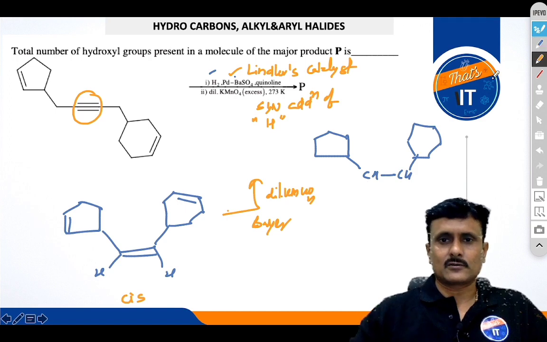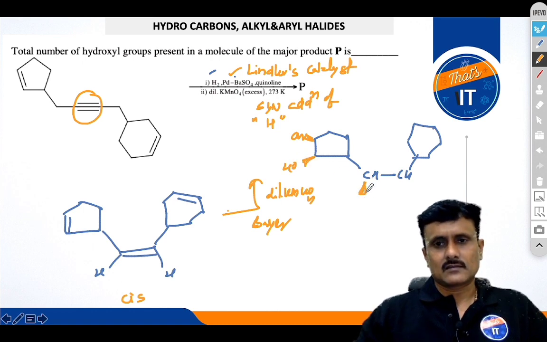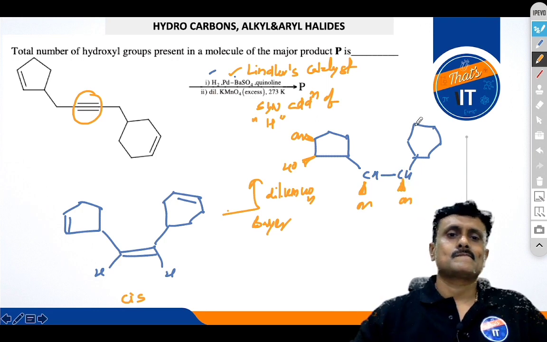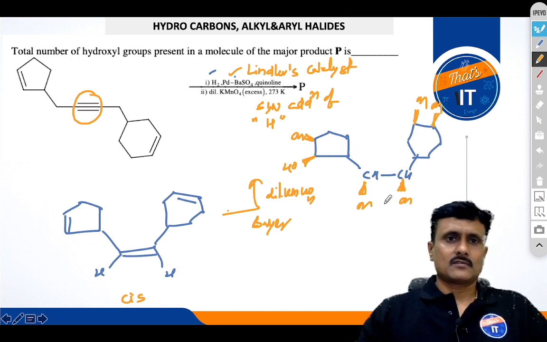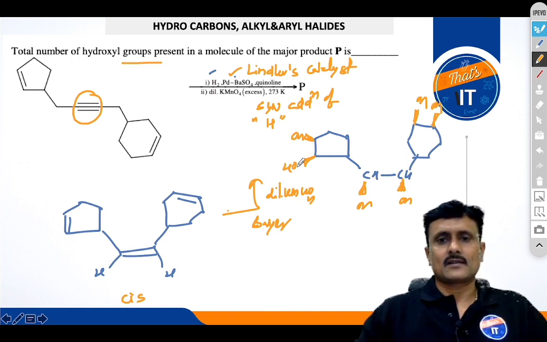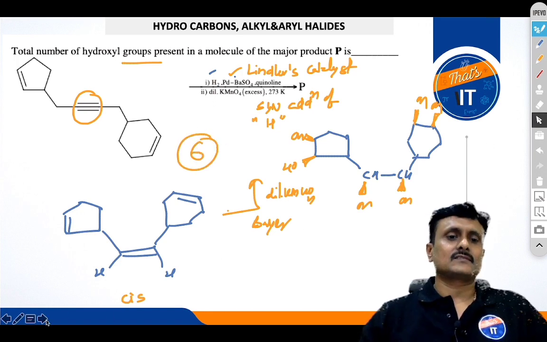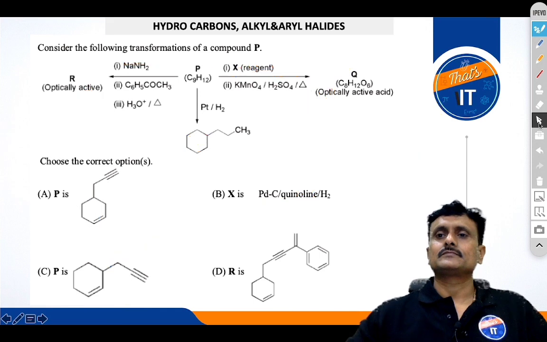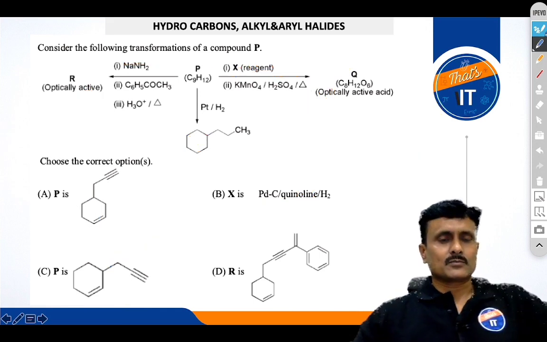That means you're going to add OH either from the top side or from the bottom side in the syn manner. So the total number of hydroxyl groups is 6. So the right answer for this question is how much? 6. Got it?